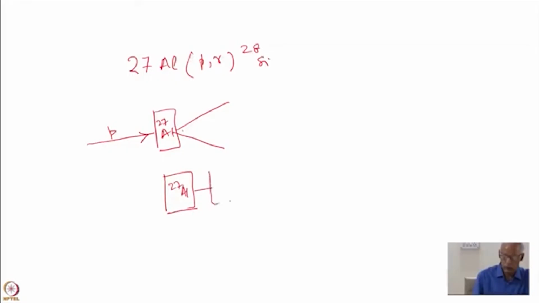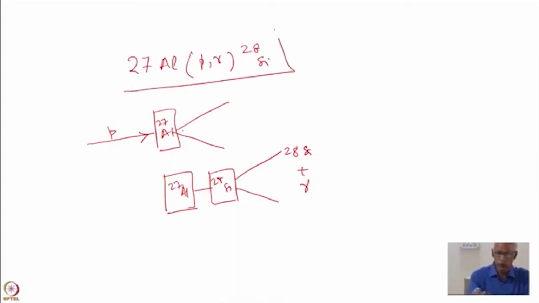Silicon 28 in excited state, but later on de-excitation takes place by gamma, and therefore we will get silicon 28 plus gamma also. So the reaction is given here. That means the proton is hitting this, and gamma is coming out, and ultimately the residual nucleus is silicon 28.